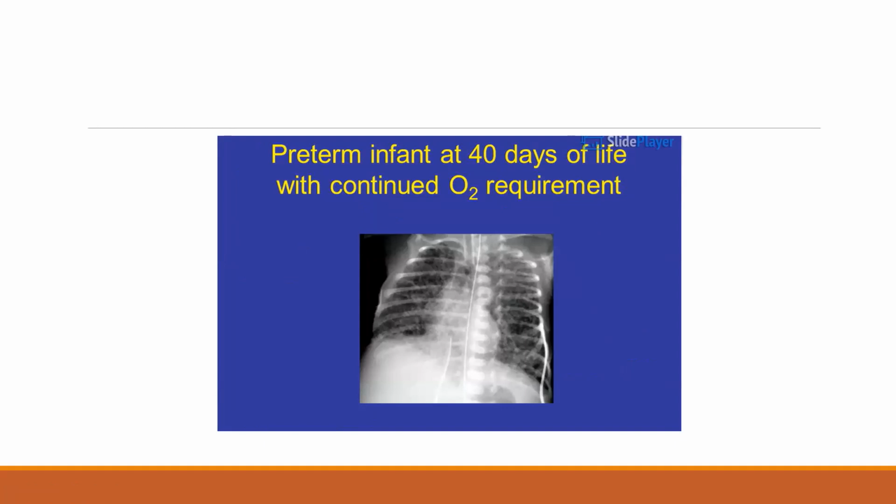Now, for this X-ray: preterm infant at 40 days of life with continued oxygen requirement. So you have to be careful with this, at 40 days there is continuous oxygen requirement. Okay, so what do you think?